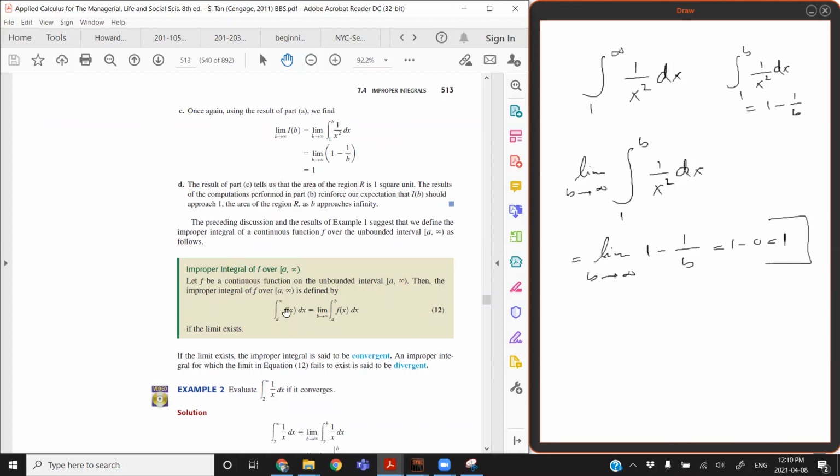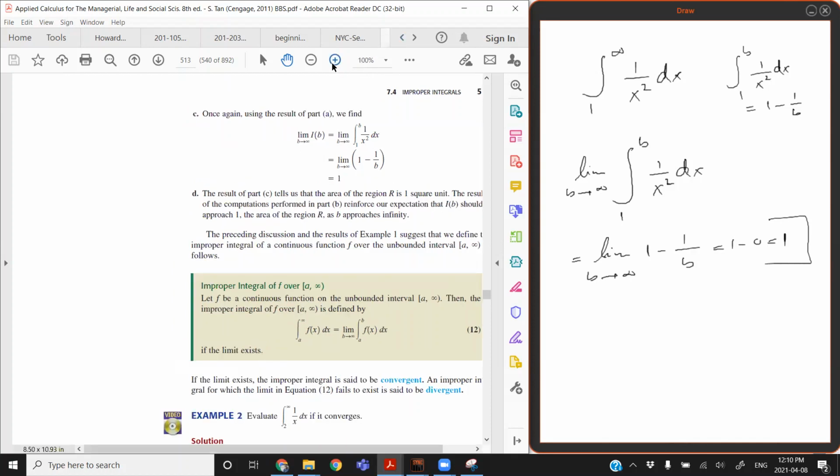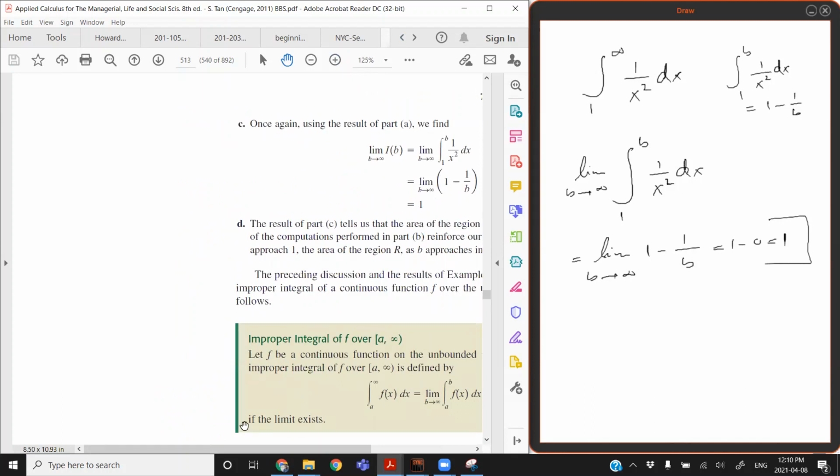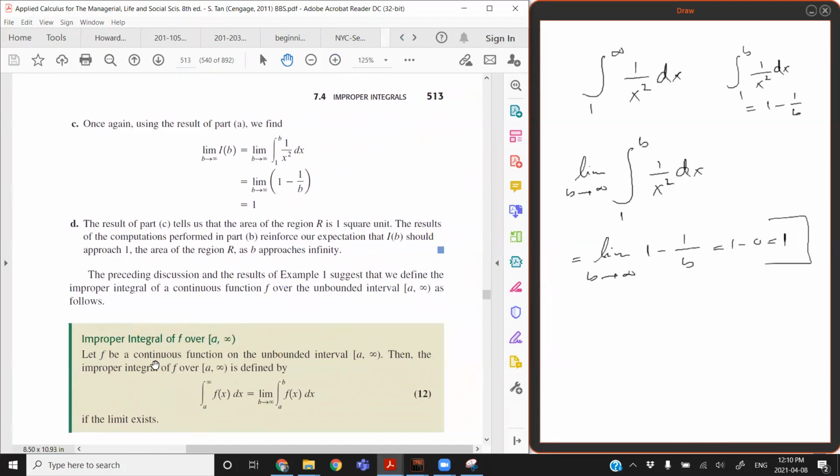So generally, we have this definition here for improper integrals. This is an integral where the upper bound is infinity and the lower bound is a finite number a.